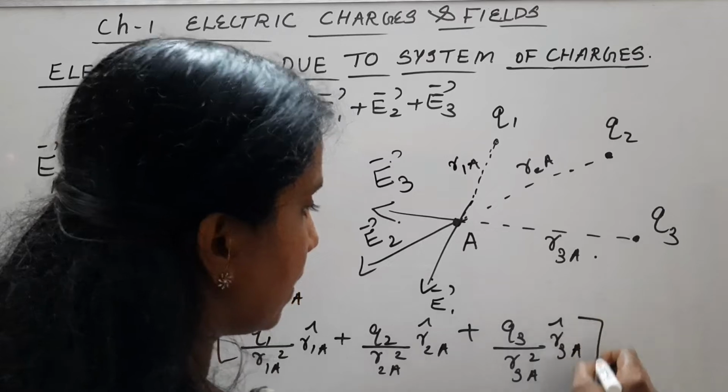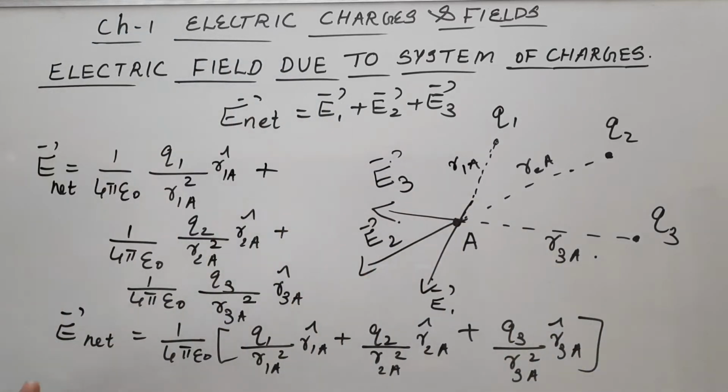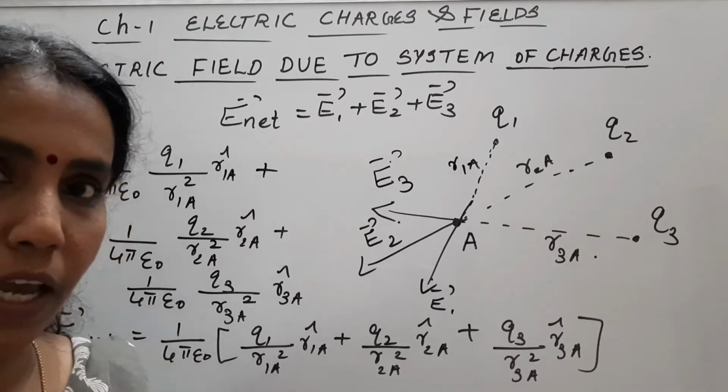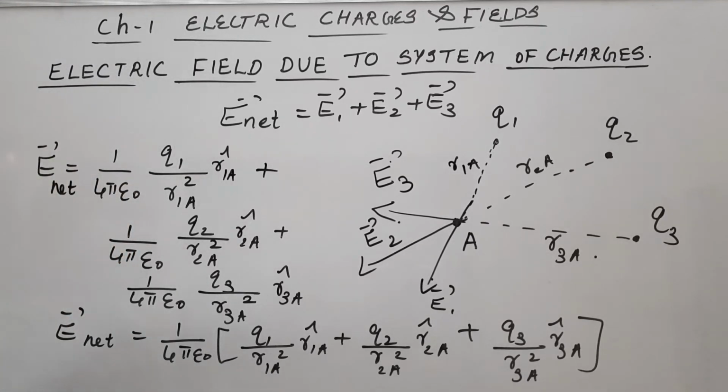Like this the equation comes, and this equation can be extended to n terms. Whatever be the number of charges involved, you can extend up to that many charges. So this is the case with electric field due to a system of charges.